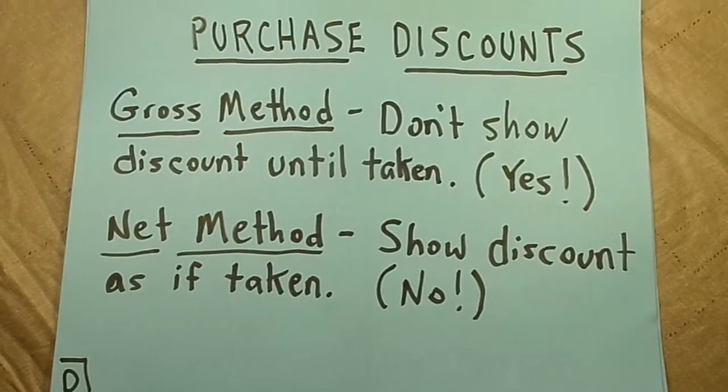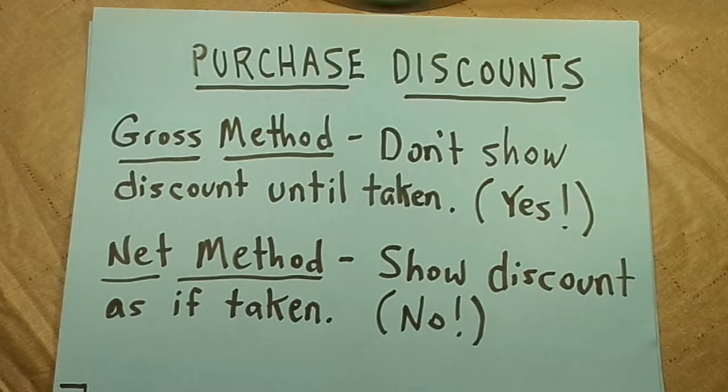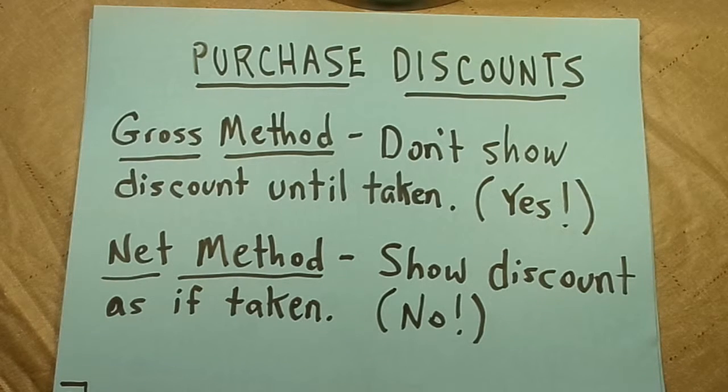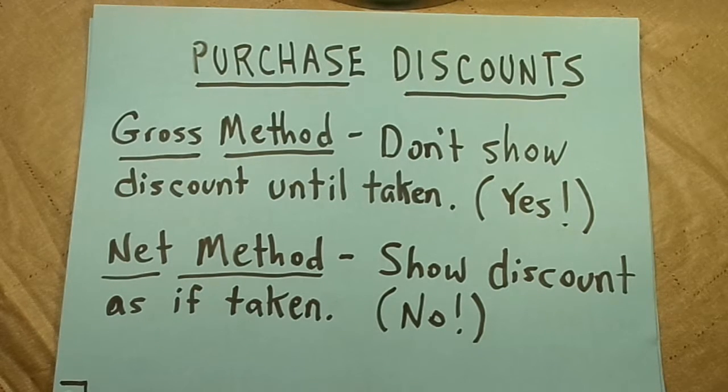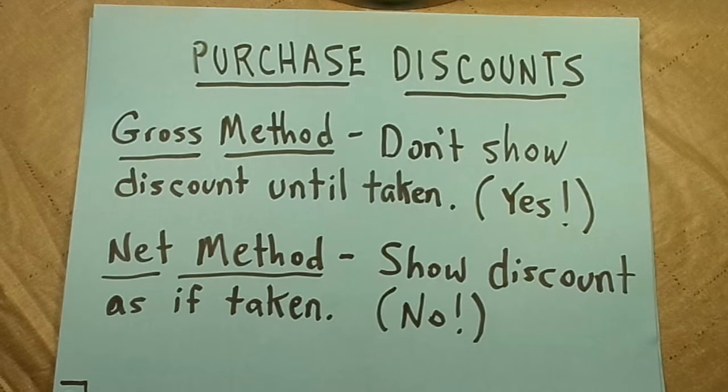Well, before we start thinking about that, let's realize that we use one of these two methods already. We use the gross method right now, and it's the one we'll be looking at in class, where we assume that we're not going to take a discount, and we record the purchase of inventory at its full price when we buy it.